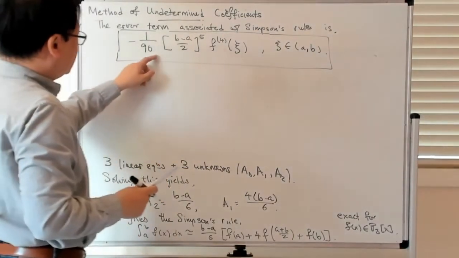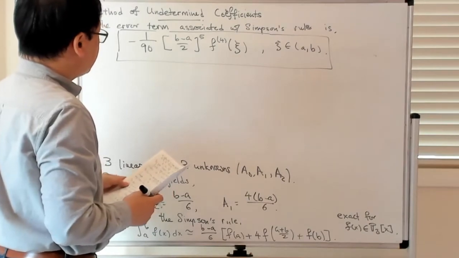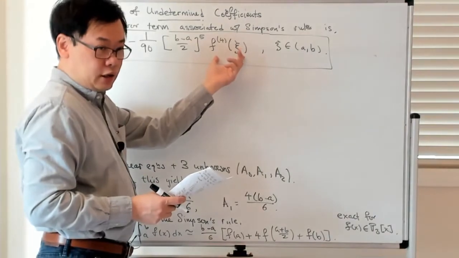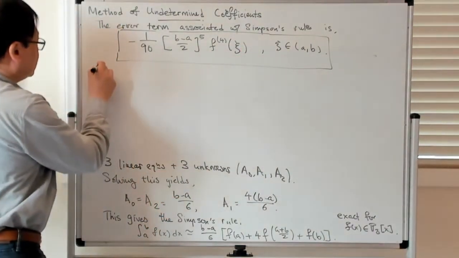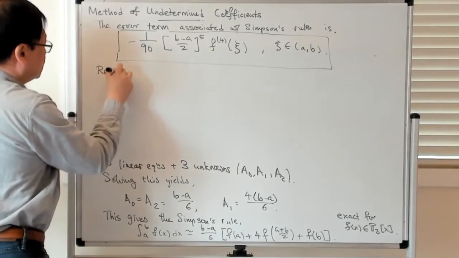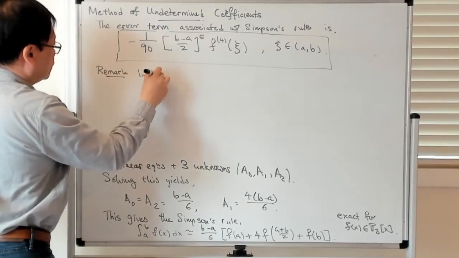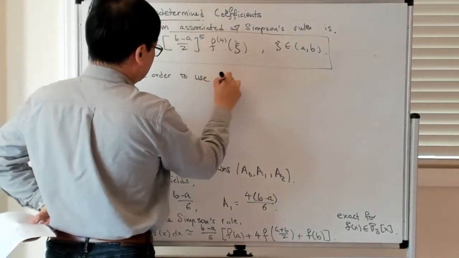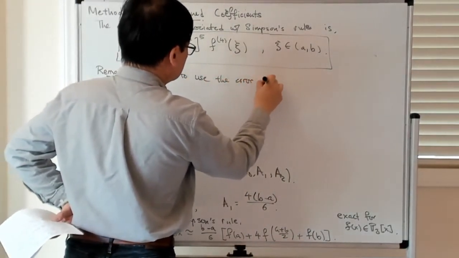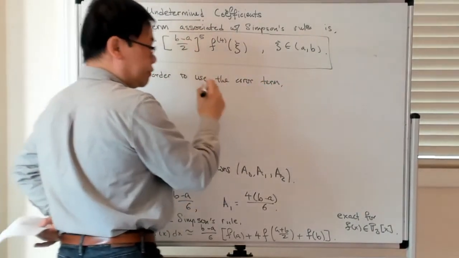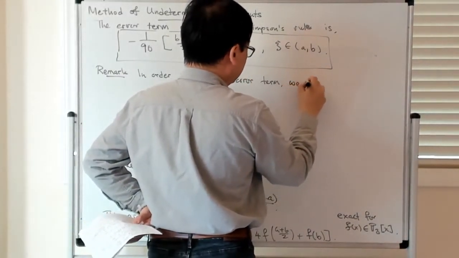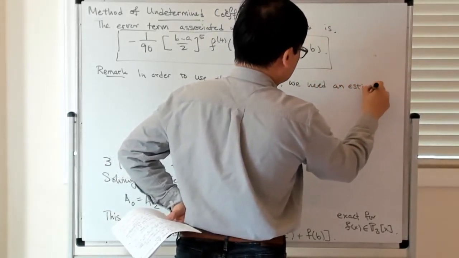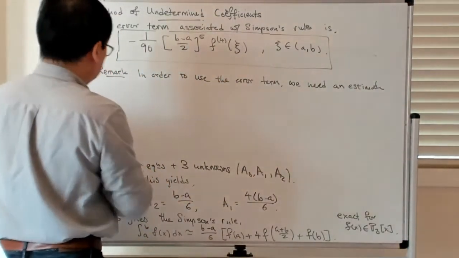And of course, in order to compute the error explicitly, you need some sort of bound on the derivative. So the remark is that in order to use the error term, you need to estimate a bound on the derivative.